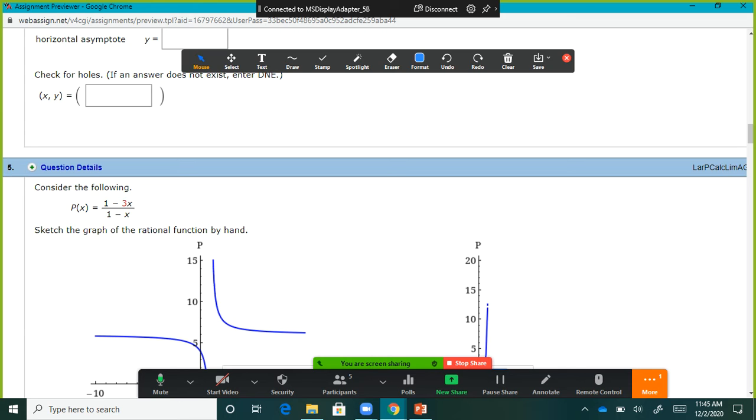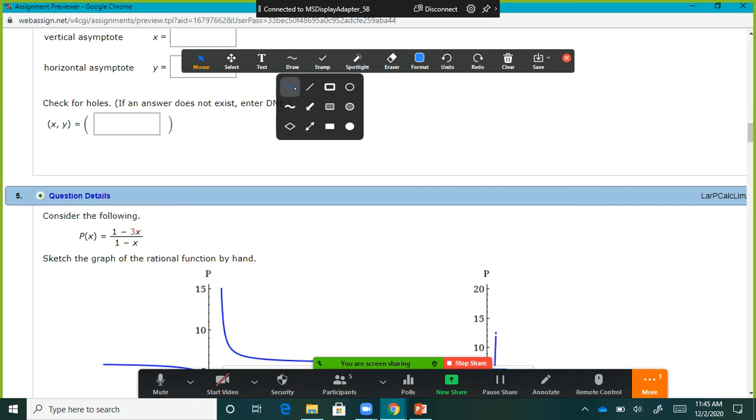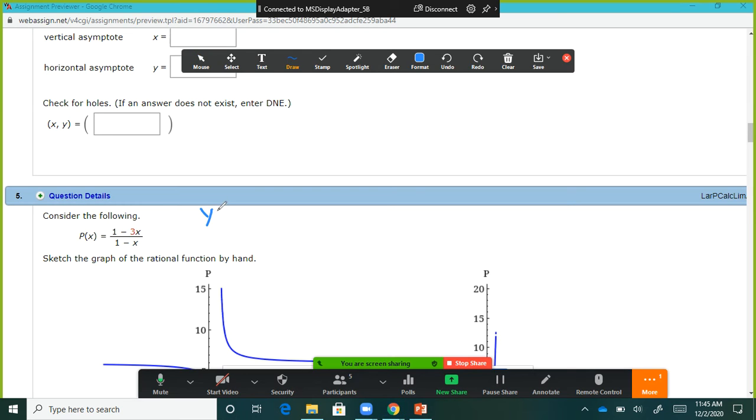So x-intercept, or let's do y-intercept. Y-intercept is when I plug in 0 for x, right? So that would be 1 minus 0 over 1 minus 0, which is 1 over 1, which is 1. So I have a y-intercept at 1, 0.